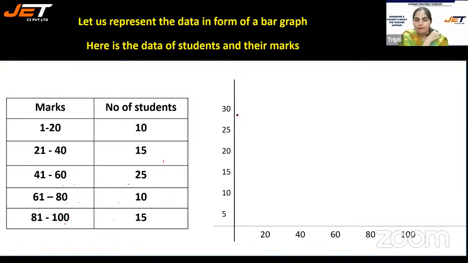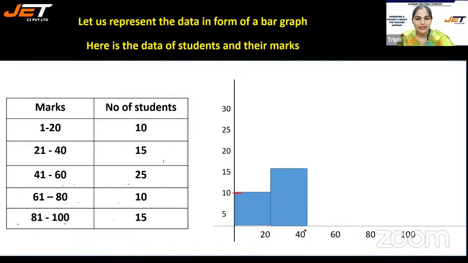This is a histogram. These are joined, like the data is combined, right? So here, if I talk about 1 to 20, there are 10 students. So starting from 1 going to 20, there are 10 students. So I have stopped at 10. 21 to 40, there are 15 students.